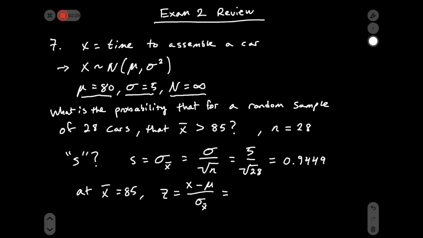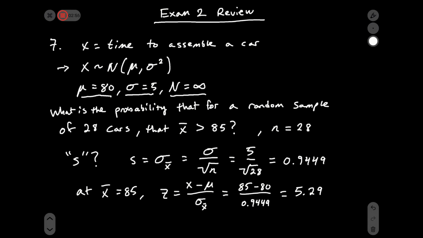We have all of this as well. 85 minus 80 over 0.9449. And using our z table, we find that this is a score of 5.29. That's a pretty high z. You can also find this by plugging this into a calculator.